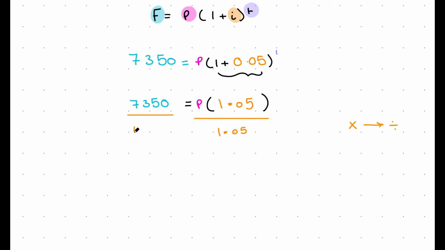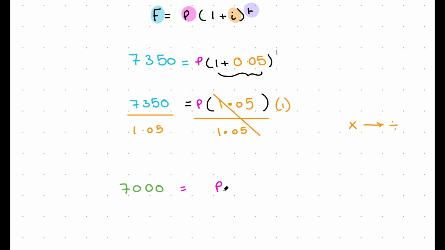So I'm going to divide both sides by that. These guys are going to undo each other. So you're going to have multiply and divide by the exact same thing. So it just becomes 1. And what we're left with then is P is equal to 7350 divided by 1.05. And what you'll get if you put that into your calculator is you'll get 7,000.